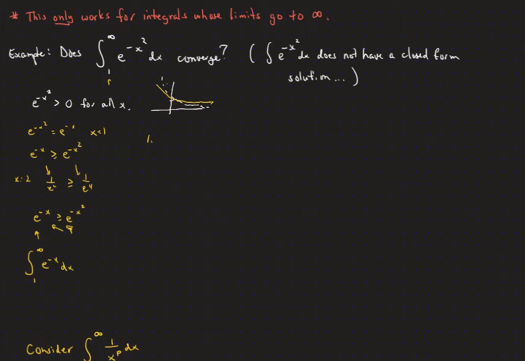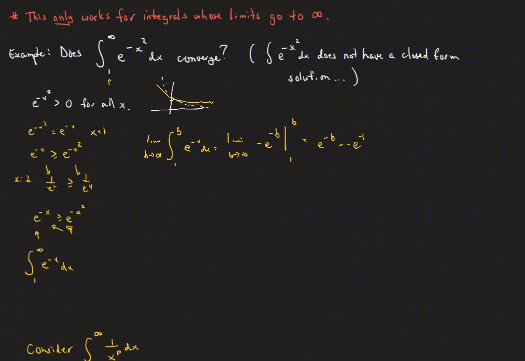So we will do what we do: the limit as b goes to infinity of the integral from 1 to b of e to the negative x dx is the limit as b goes to infinity of negative e to the negative x going from 1 to b, which is negative e to the negative b minus a negative e to the negative 1.